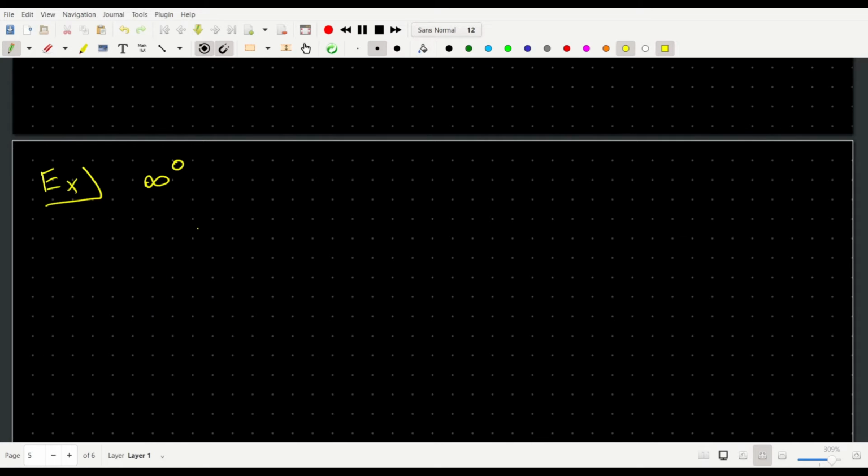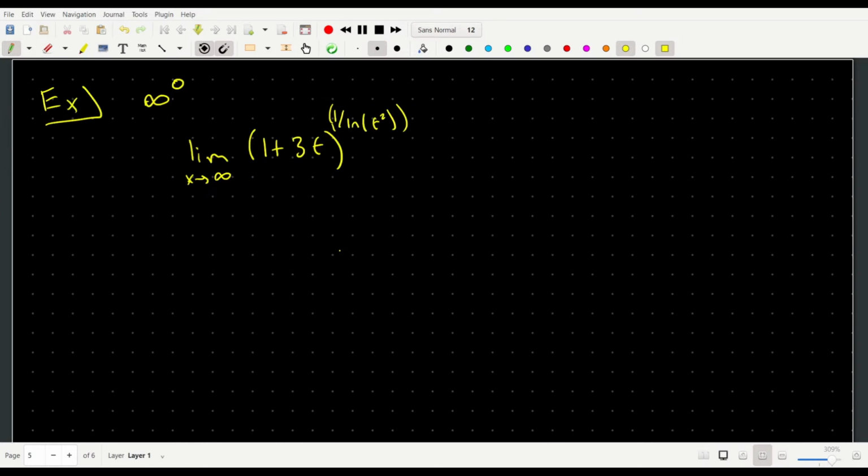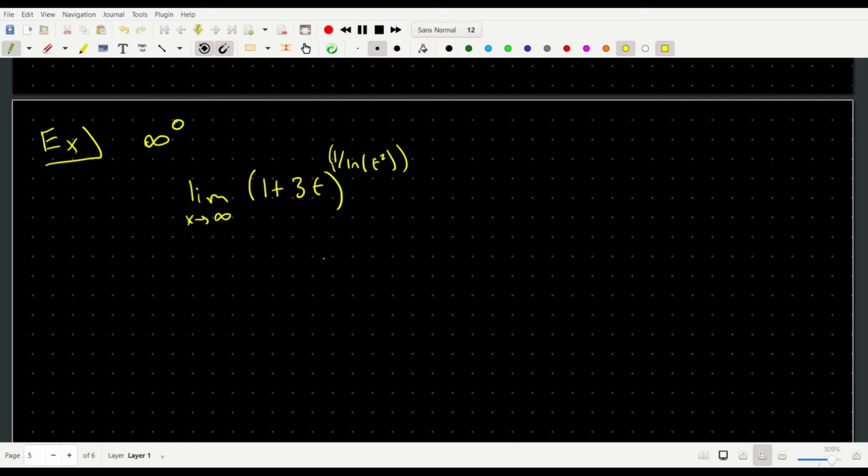So specifically the limit as x goes to infinity of 1 plus 3t to the power 1 over natural log of t squared. This is a little bit more complicated, but basically as x goes to infinity, and I want to use, sorry, not t, but I'll use x.